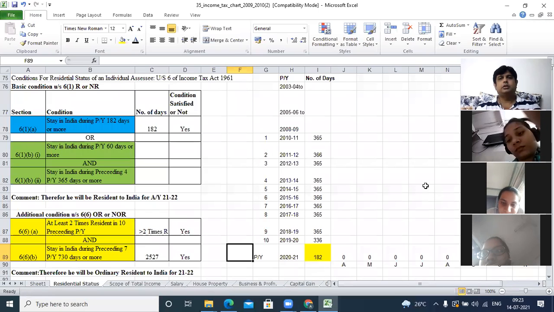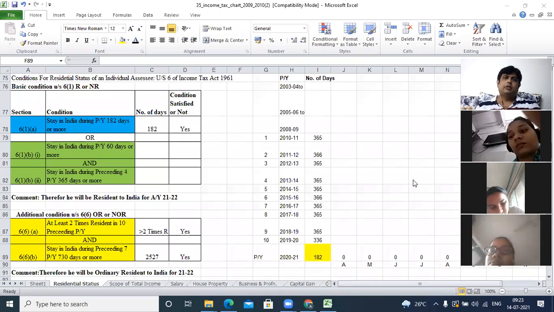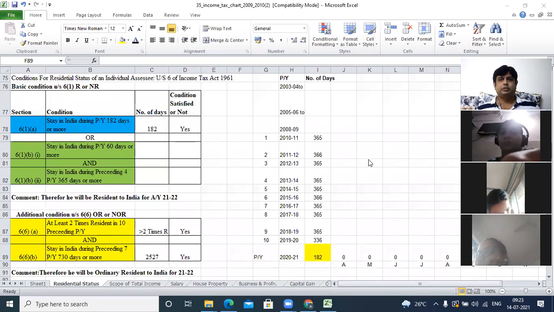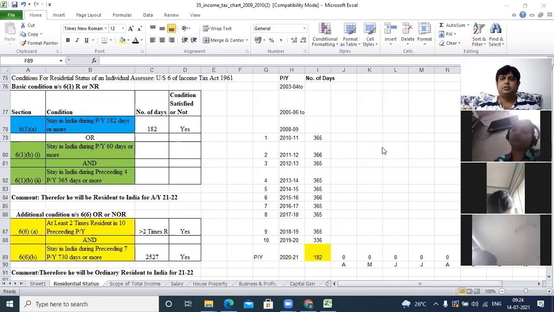Take down, please. From above condition, below this. From above condition for residential status of an individual assessee, for residential status of an individual assessee.